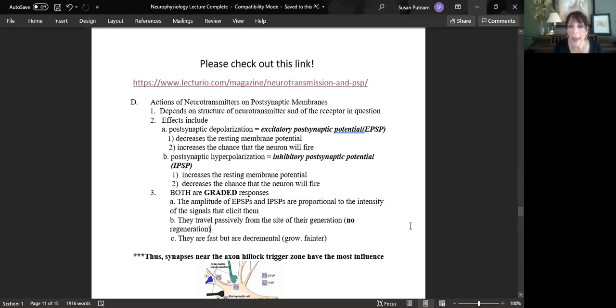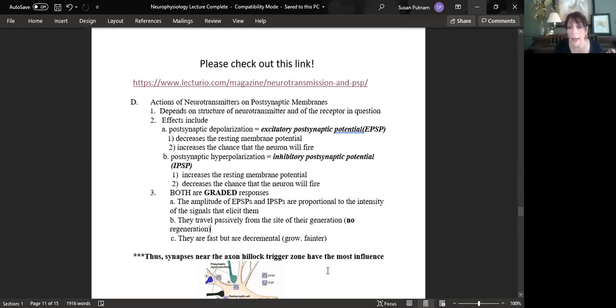Here we go. The amplitudes of both of these types of postsynaptic potentials are proportional to the intensity of the signals that elicit them. They travel passively, and that's important, from the site of their generation. There is no regeneration. They don't get booster shots on their way to the axon hillock.